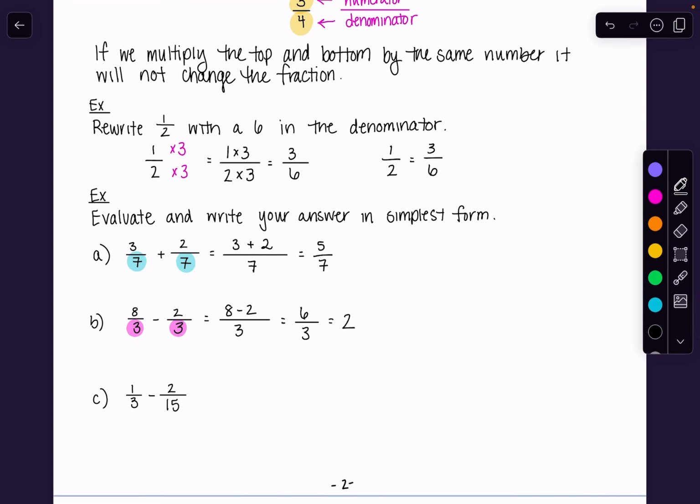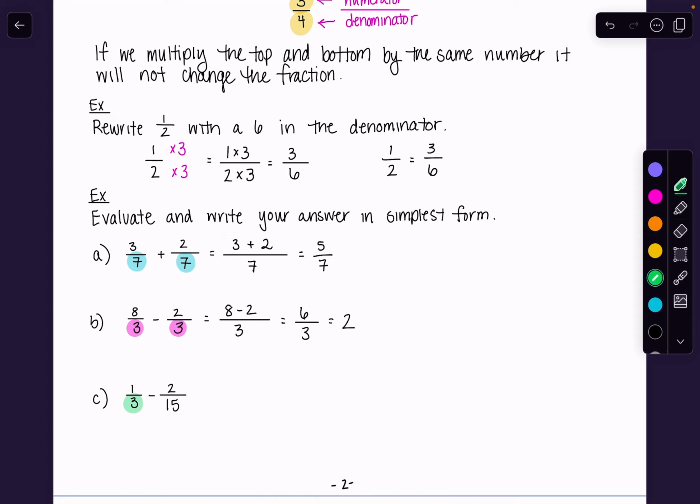Now for this last one, this is where things get a little bit more complicated because I have 1/3 and then I have 2/15. So currently they do not have the same denominator. So hopefully we don't have to rewrite both of these fractions, but sometimes you might. And in this case, I can get to a 15 in the denominator here.